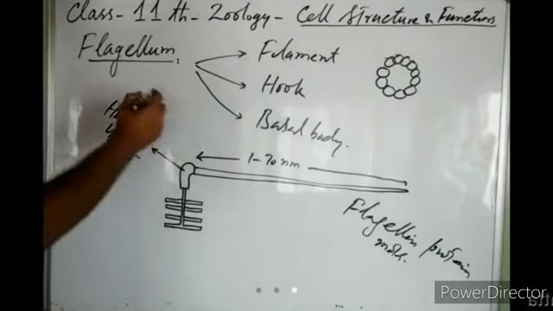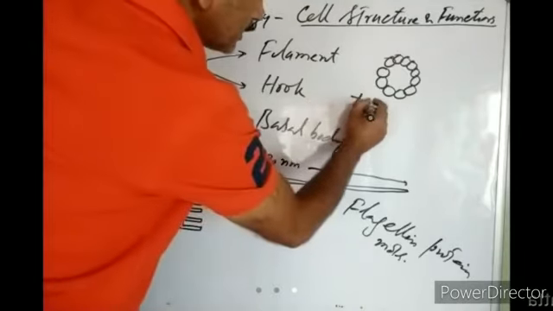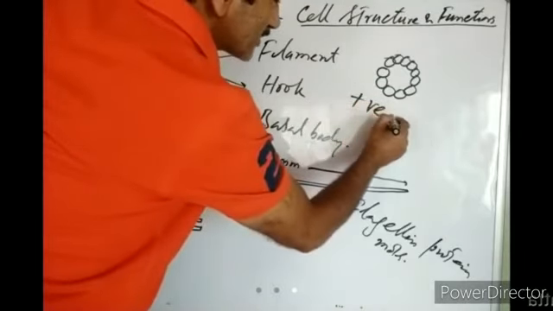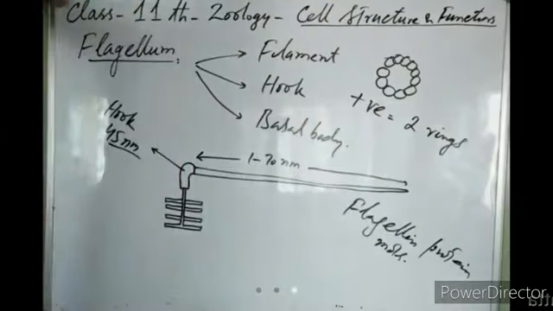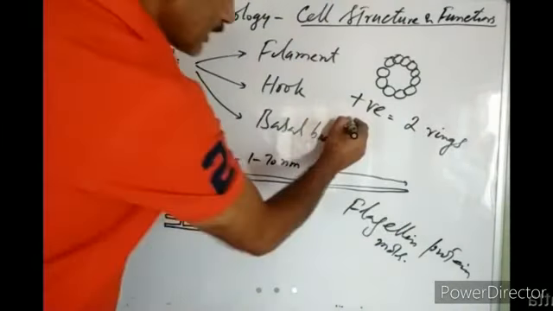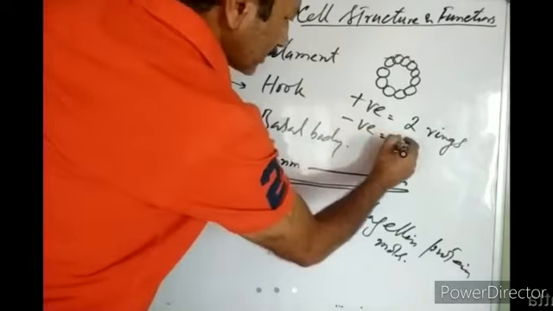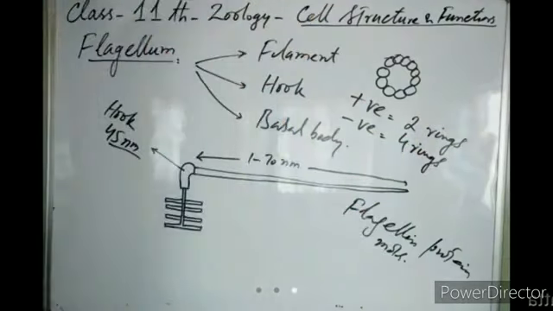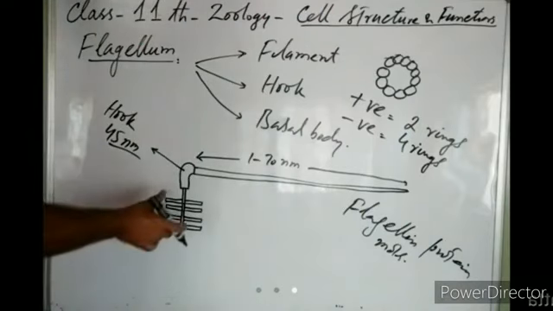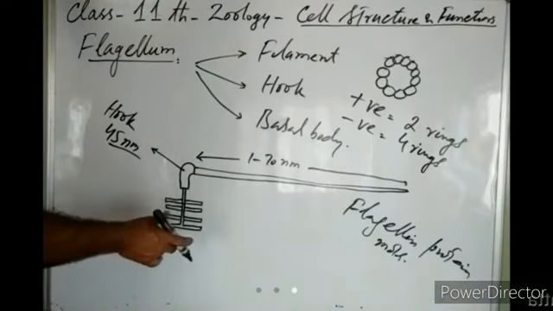In gram positive bacteria, there are 2 rings. In gram negative bacteria, there are 4 rings in the basal body. So this is the basal body of a gram negative bacteria.